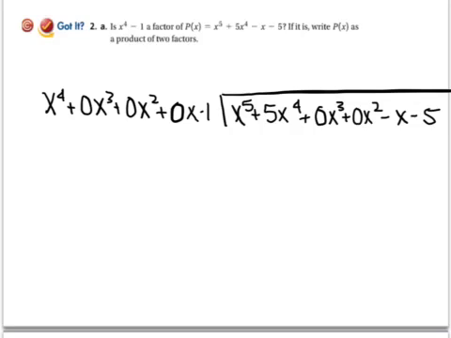Okay, so now you can go through. x to the 4th just needs to be multiplied by x here. So now we're going to multiply all 5 terms on the outside left side by this x.